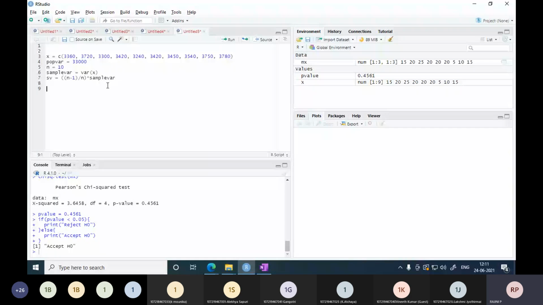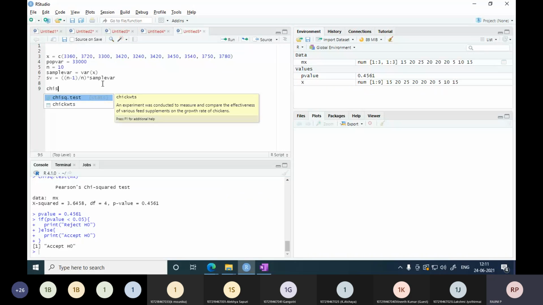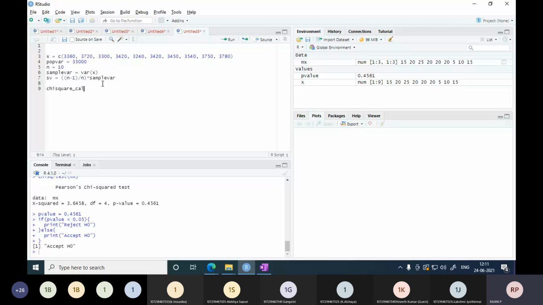And next, after this, you need to find the chi-square calculated value. Then how can I do chi-square? Chi-square cal is equal to, what is the formula? N s square, right? N into s square, which one we need to take?